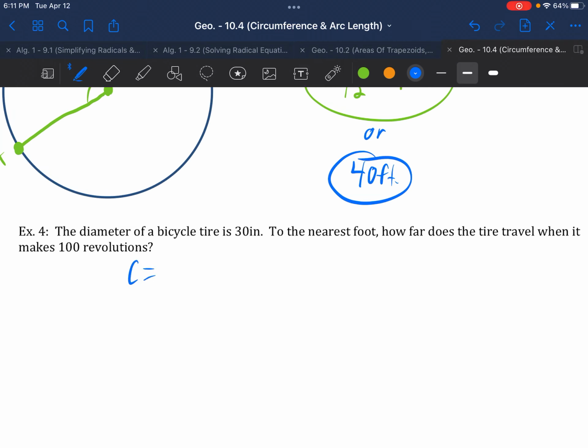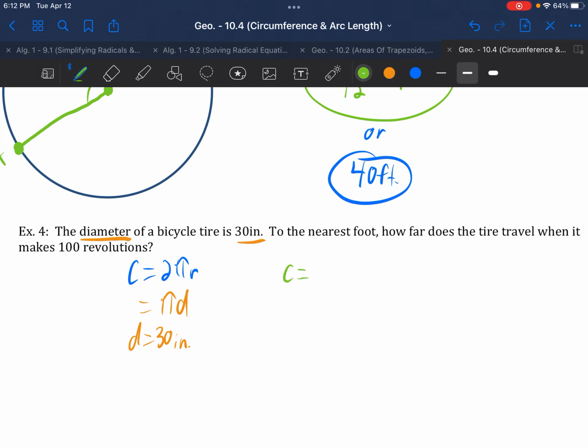So reminder, circumference is equal to 2 pi r, or pi times the diameter, which might be more helpful here because we're told the diameter is 30 inches. So diameter is equal to 30 inches. So what we can do is we can find one revolution, aka one circumference, and take that answer times 100 of them.